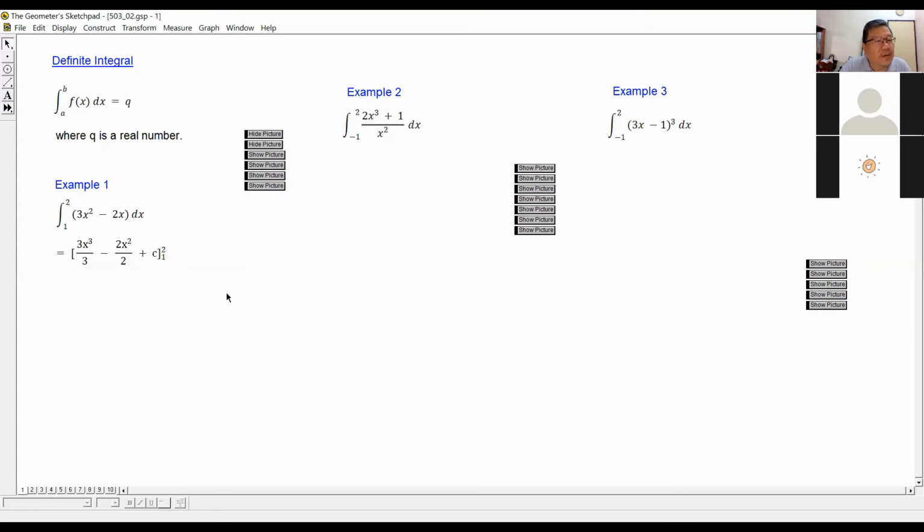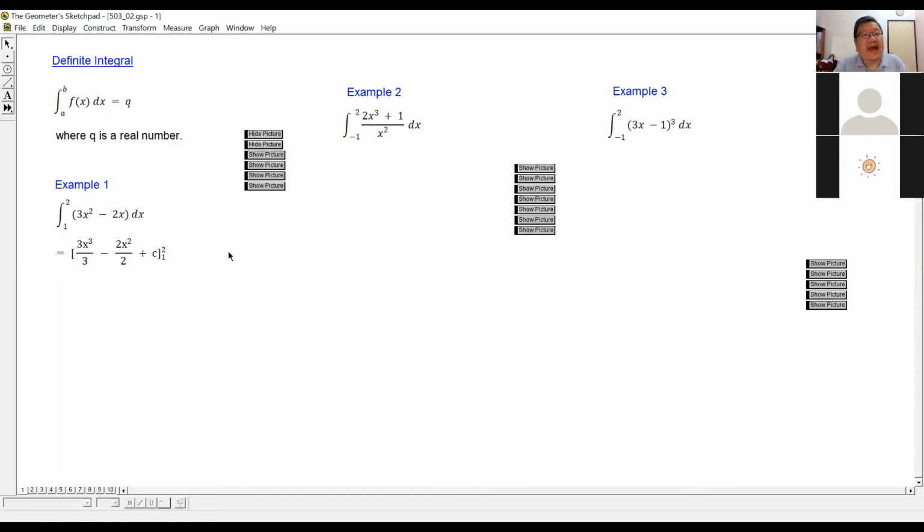Okay, so when you integrate this, 3x squared becomes 3x cubed divided by 3. Negative 2x becomes 2x squared divided by 2. For the start, I still put the arbitrary constant c there to satisfy your curiosity. If I don't put it there, then you're curious, hey, why is there no c?